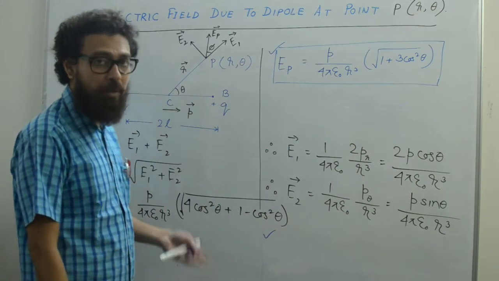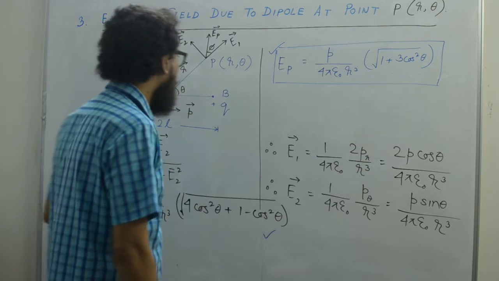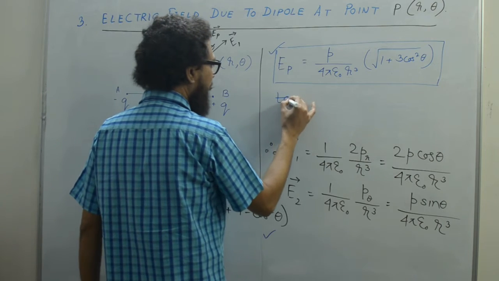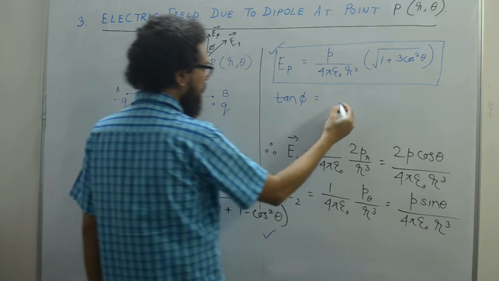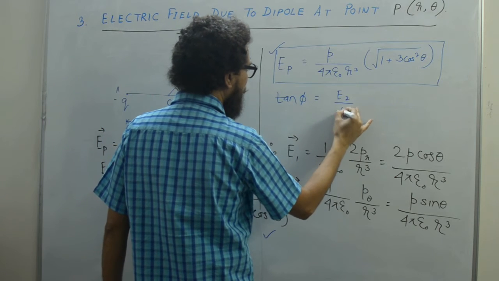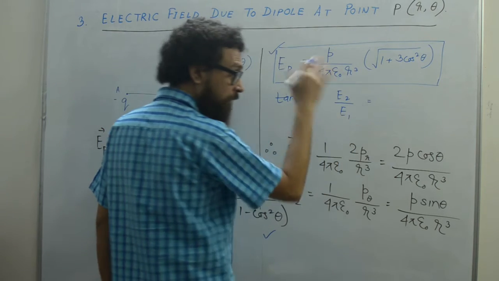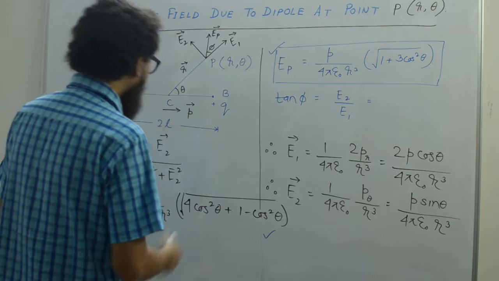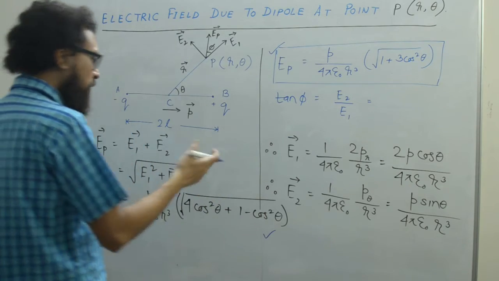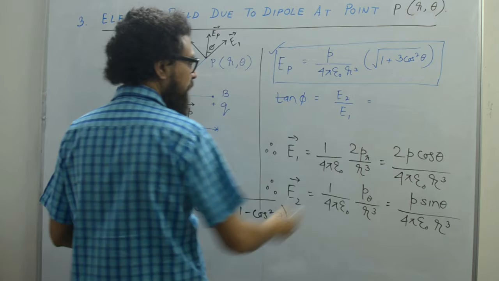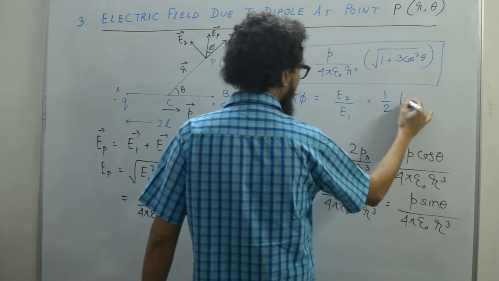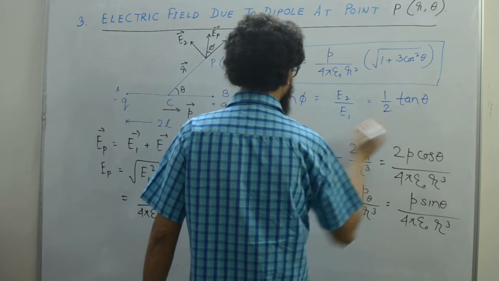in the polar coordinate system. Also we can find the tan phi, which will show me the direction of EP. Tan phi is of course E2 by E1, perpendicular by base, sine by cos. Dividing all this, we get half tan theta.